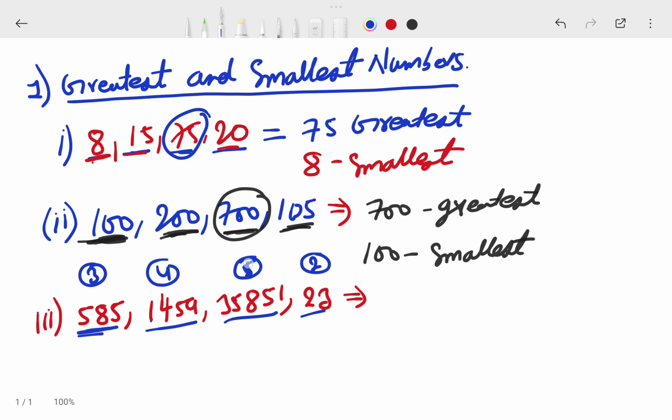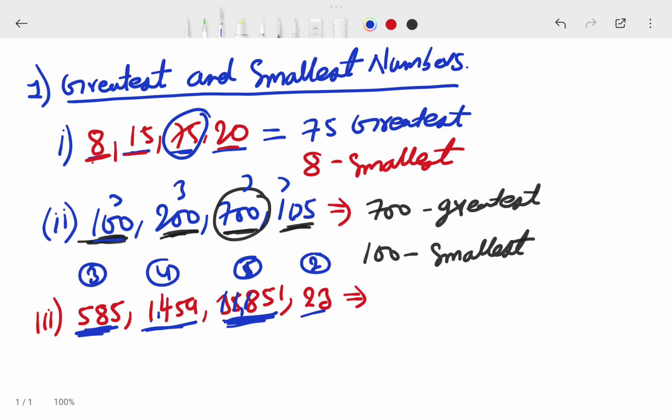This number has 5 digits, 35,851. It's more. Why? Because if you count, this is 1 2 3 4 5 digits itself, so it's greater. But here these are all the same, these are all 3 digits only.